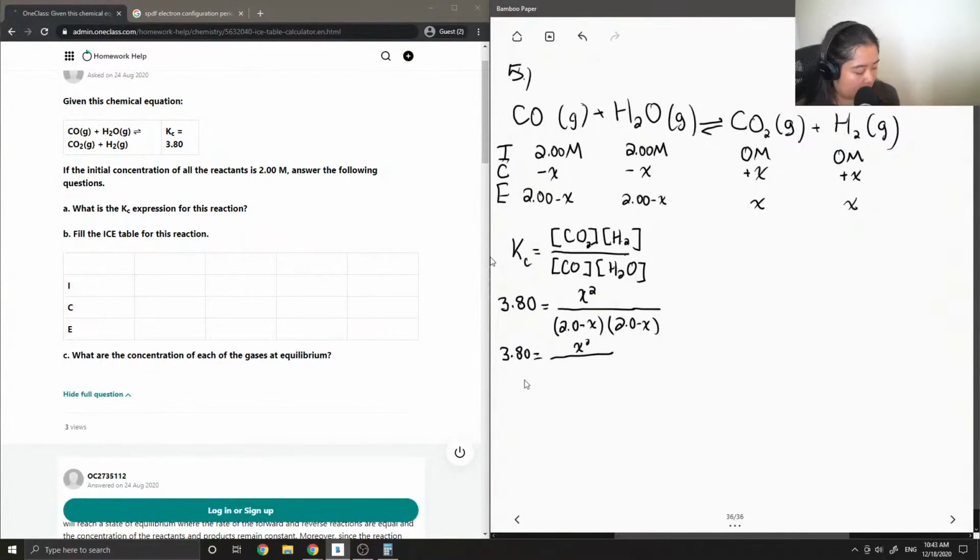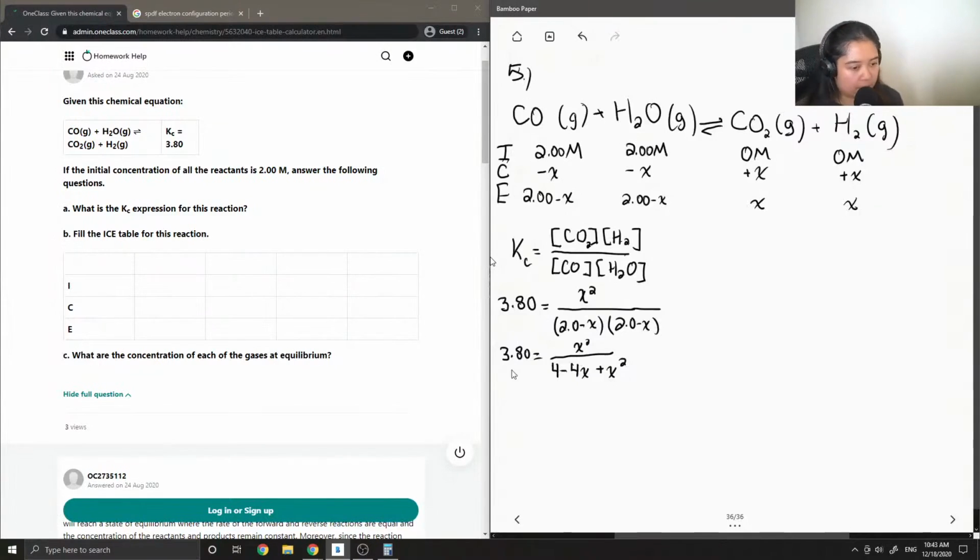So the goal is just to write this as a quadratic equation so that we can plug it into the quadratic formula and solve for x. Okay, so this is just using some high school math. First, outside, inside, last gives us 4 minus 4x plus x squared.